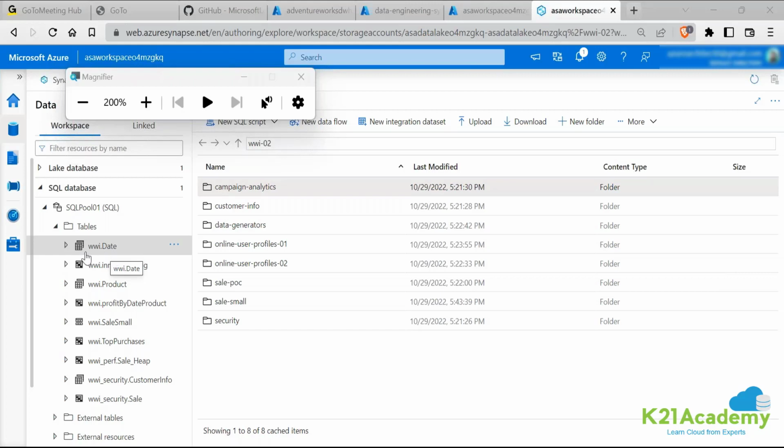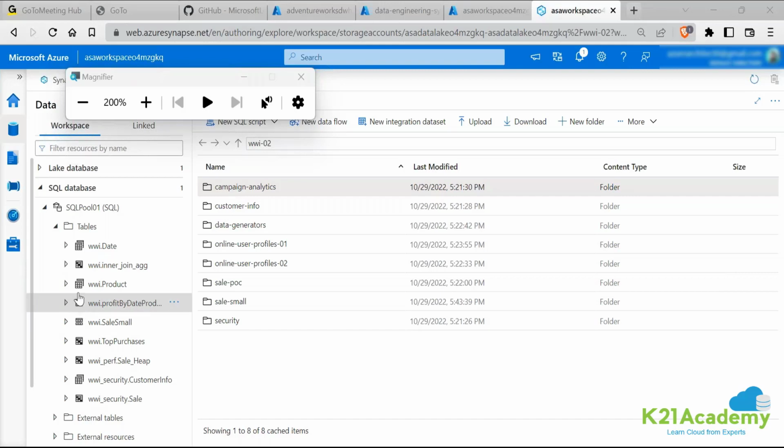This table, wwi.date, is using a distribution property set to replicate. This wwi.innerJoinAGG, this is a symbol of round robin. Replicated, round robin. This is the symbol of the hash distribution property, hash.